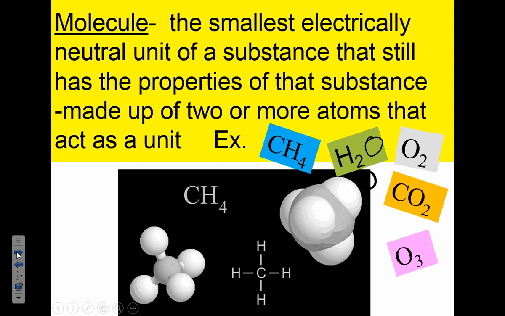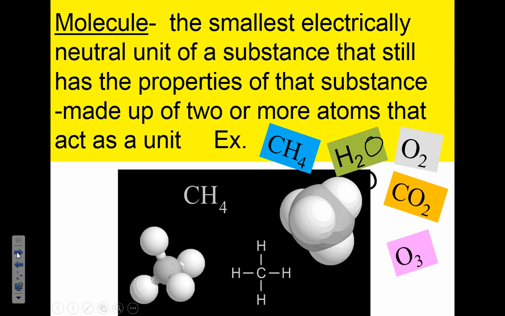There are a couple of different ways that elements can bond together. They can bond by sharing electrons, and that's what molecules do. They can also bond by exchanging electrons, either gaining electrons or donating electrons.